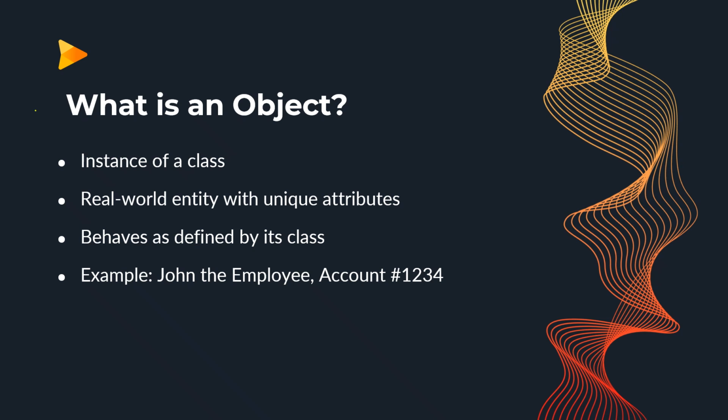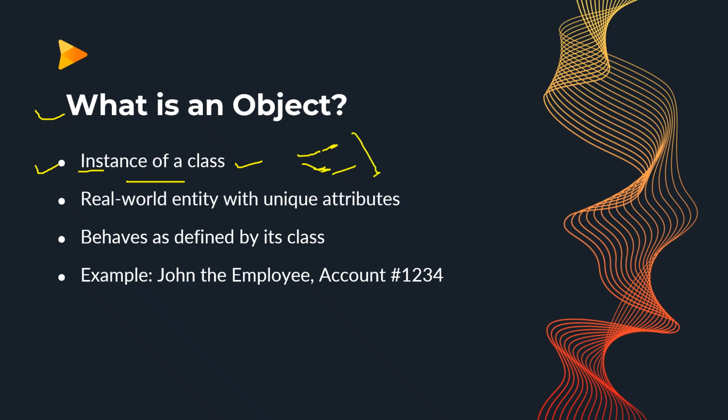So now we are going to see what is an object. So object is an instance of class, means we can create objects by using the classes, and every object has attributes and methods. So attributes are known as the state, or data, and methods are known as behaviors.